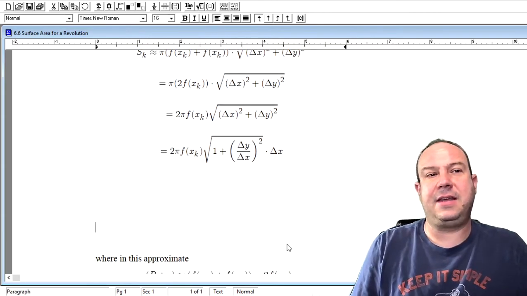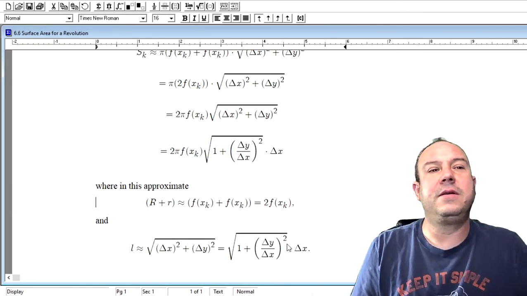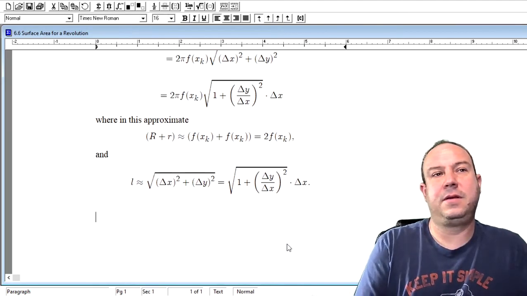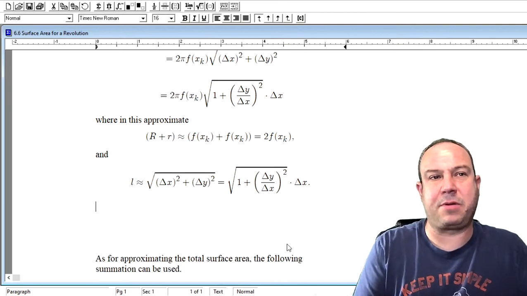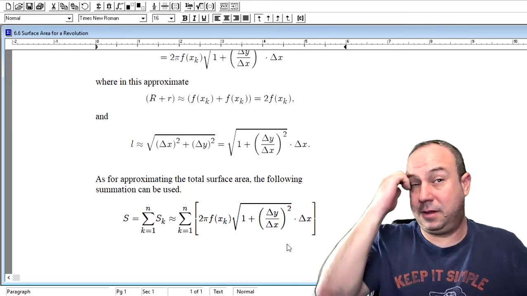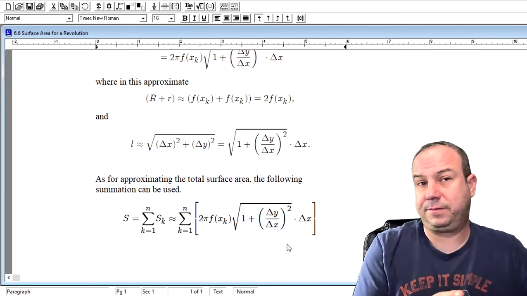To make that an approximate for the total, I do point out a little bit of what I've already noted with respect to that approximate. But as for the approximate of the total surface area, we add all that up for each and every kth subinterval.